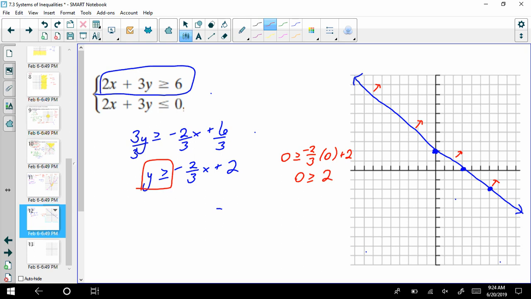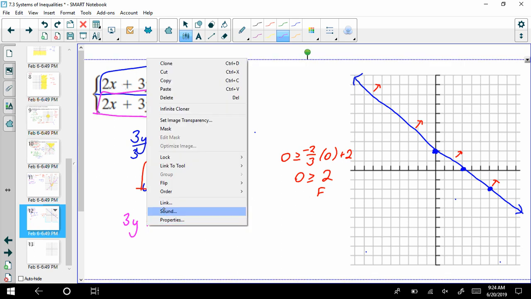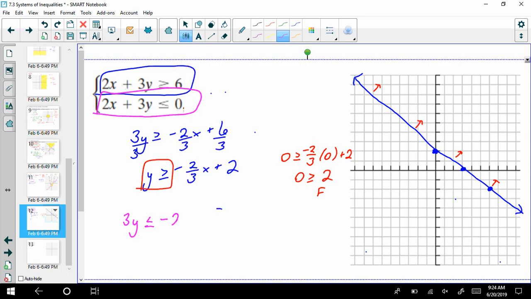I'd get 0 is greater than or equal to 2. Is that true or false? That's false. So that's why I'm shading away from 0, 0. I don't want to include it. Okay, now let's do the other guy. I'll do it in pink. So again, I'm going to subtract my 2x over. And then I'm going to divide by 3.